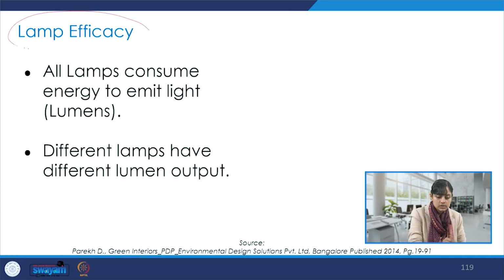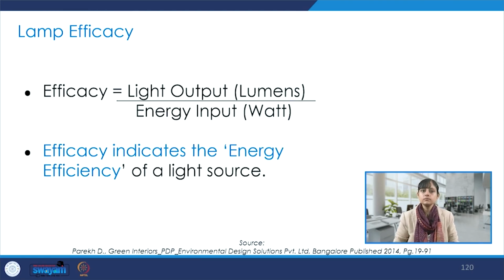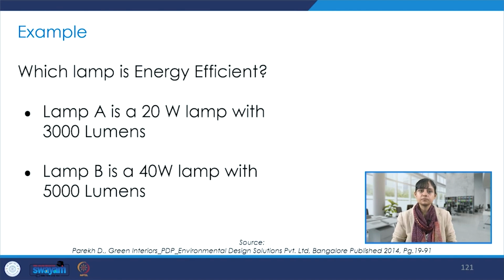So now we talk about lamp efficacy. All lamps consume energy to emit light. Different lamps have different lumen output. Again, there's a very simple formula: light output in lumens divided by energy input in watt. That is the efficacy. Efficacy indicates the energy efficiency of a light source. This is a very important concept, and we will come across it when we work especially on projects that have a lot to do with lighting design.